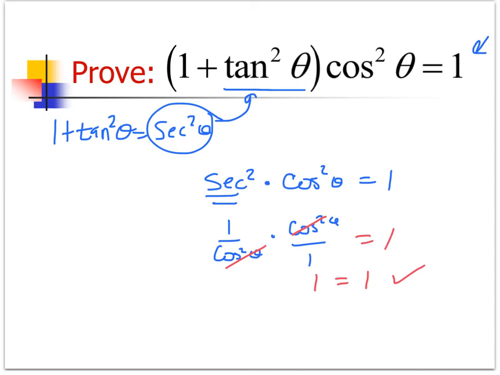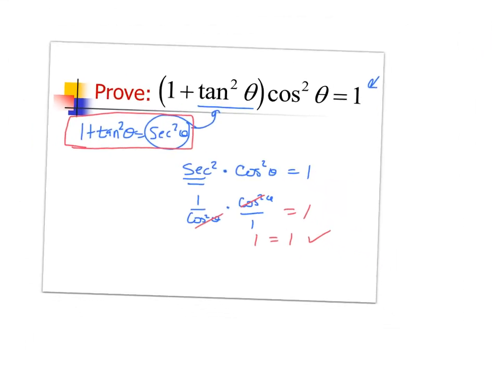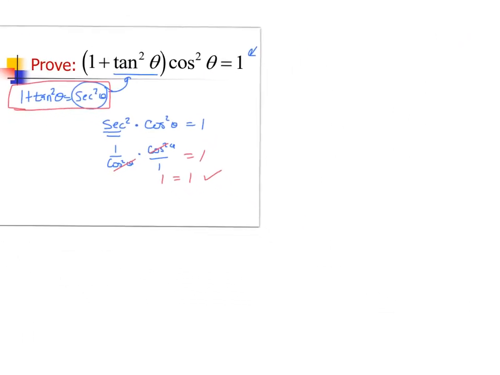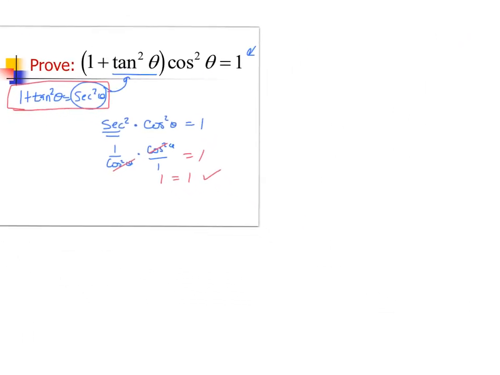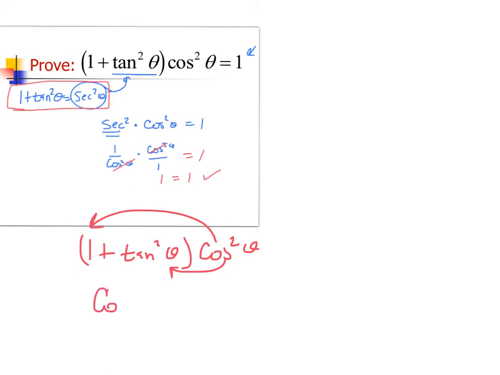Okay? So the idea here is you need to remember that because it makes this problem easier. I'm going to do it a different way. Okay? So what if I didn't recognize that this was a Pythagorean relationship? I can go ahead and distribute. Let's see what happens here.